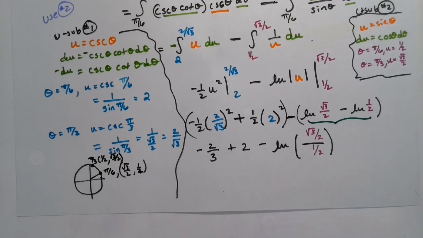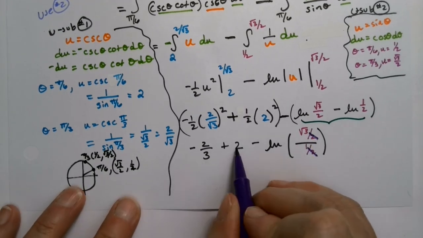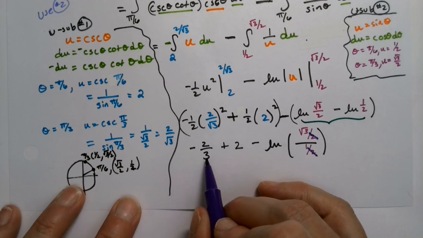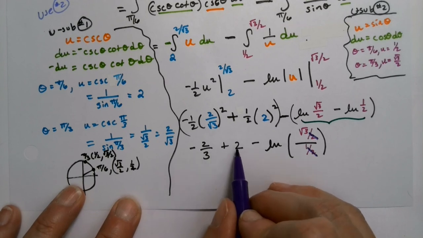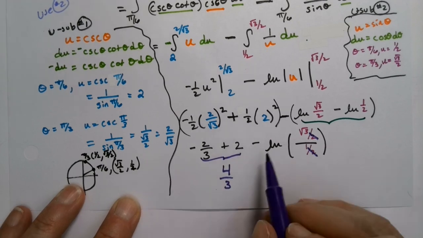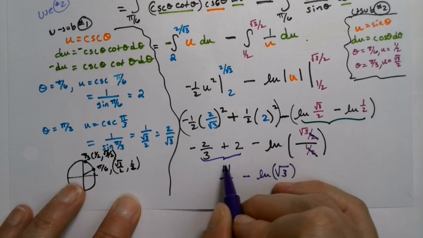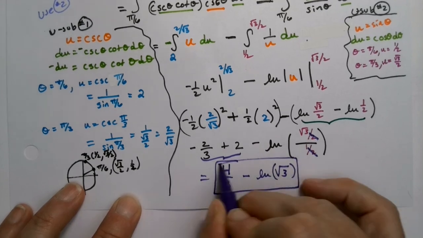So why did I do that? Because then the 2's cancel, since they're both in the denominator. So you're left with 2 take away 2/3. That's 6/3 take away 2/3, so that's 4/3 for these two numbers, minus the natural log of the square root of 3. This is all well and good.